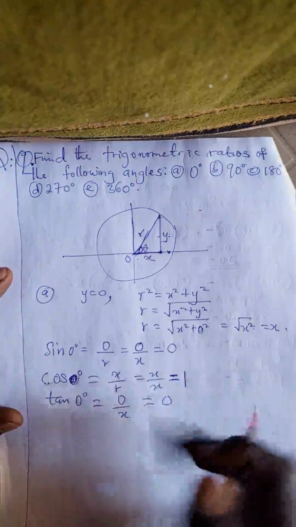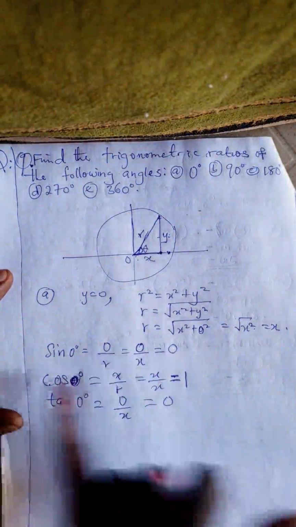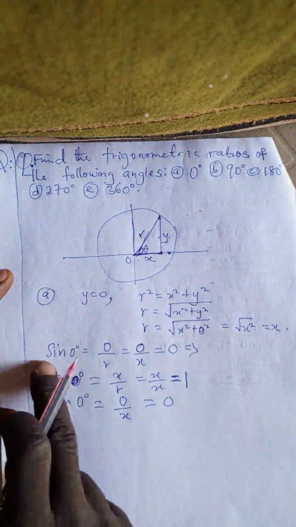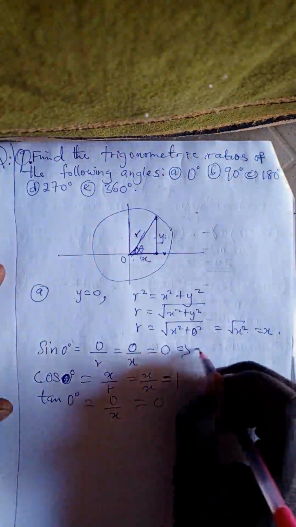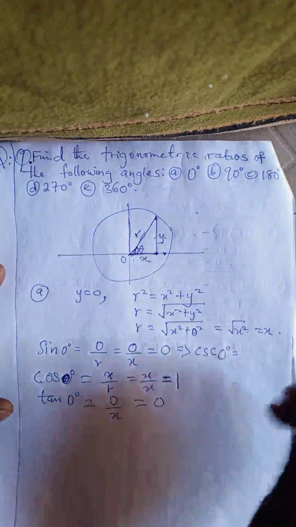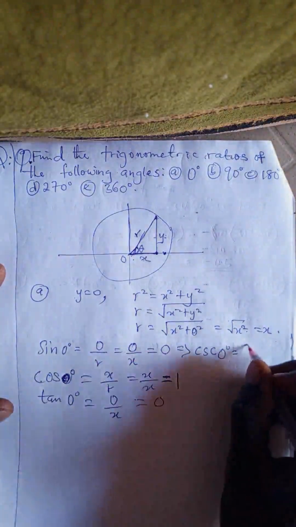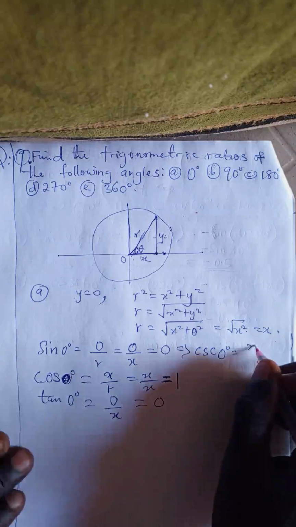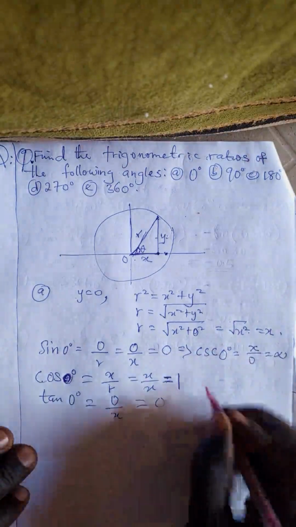Now, actually, the other three trigonometrical ratios will follow from these three. Instead of sine, we are going to have cosec. So cosec 0 is equal to 1 over sine, that is x over 0, and that is not defined.